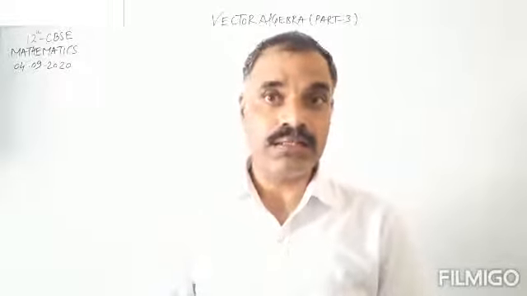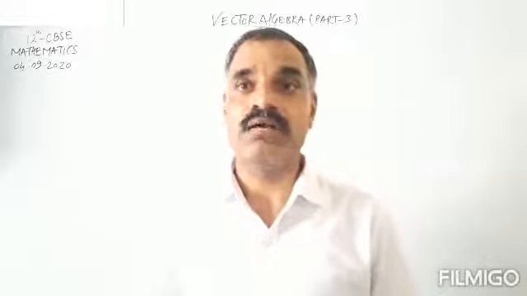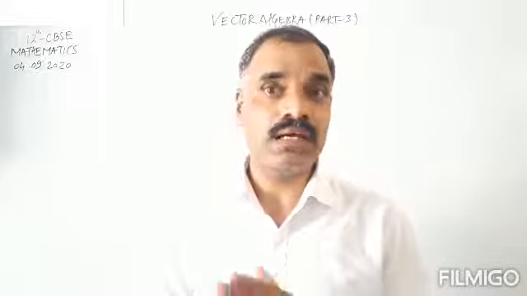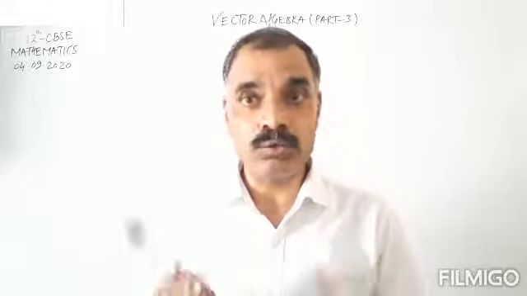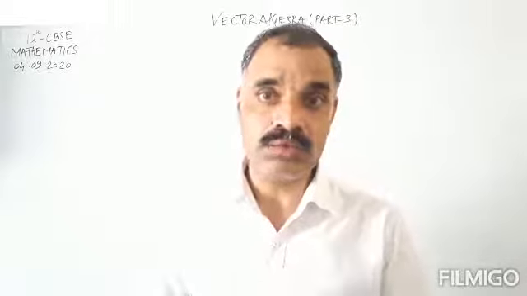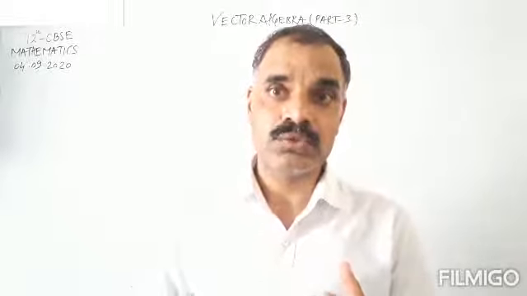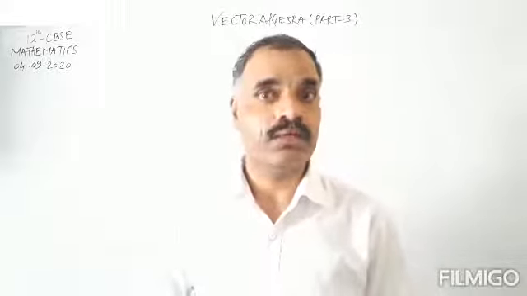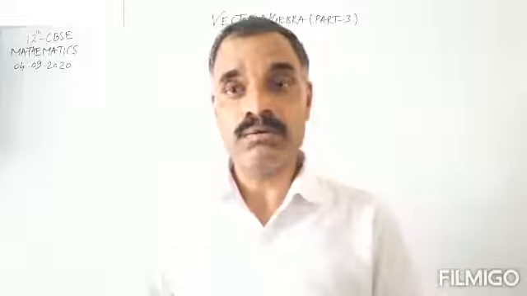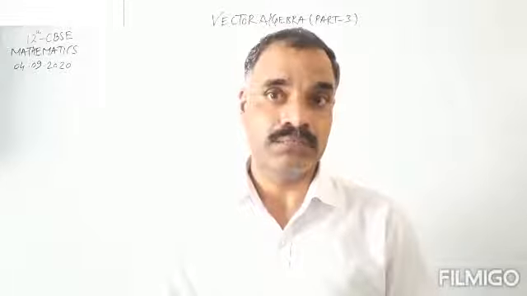Unless and until two vectors follow the parallelogram law of addition of vectors, they are not to be treated as vectors. So this is the third condition for vectors to be treated as vectors. Then we learned about the triangular law of addition of two vectors.